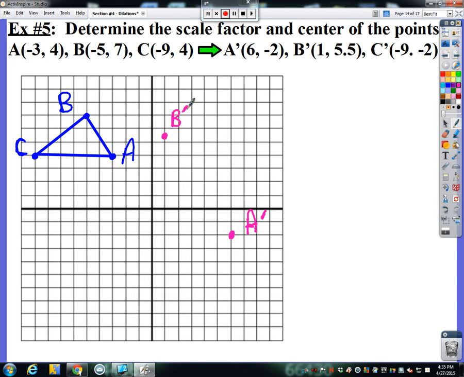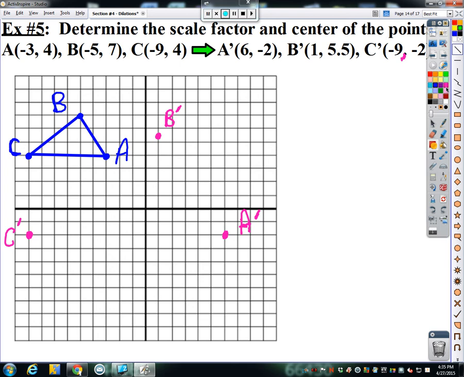And C prime is at negative 9, comma, negative 2. So negative 9, negative 2. There's C prime. So let's connect all those guys together: A prime, B prime, C prime, back to A prime.